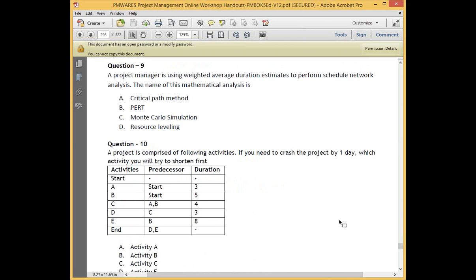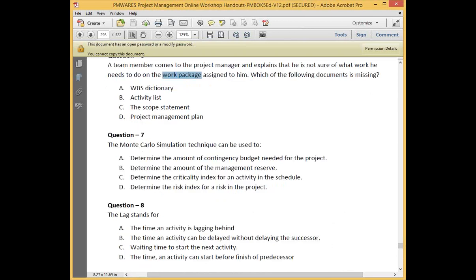A little confusion on 8. You have confusion on 8? I had, yes. Although I have answered, can you just scroll up to 8? I have answered C, but I was a bit confused about D also, because D sounds the same as C. The activity can start before finish of predecessor, but there is no such thing.